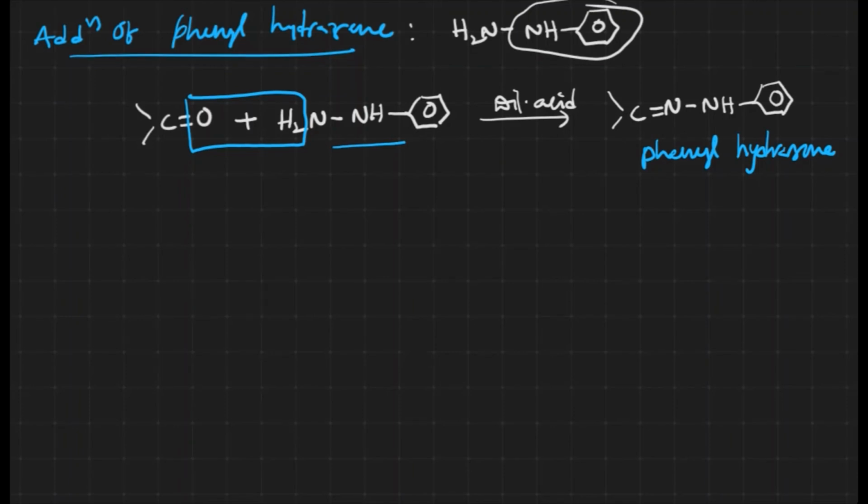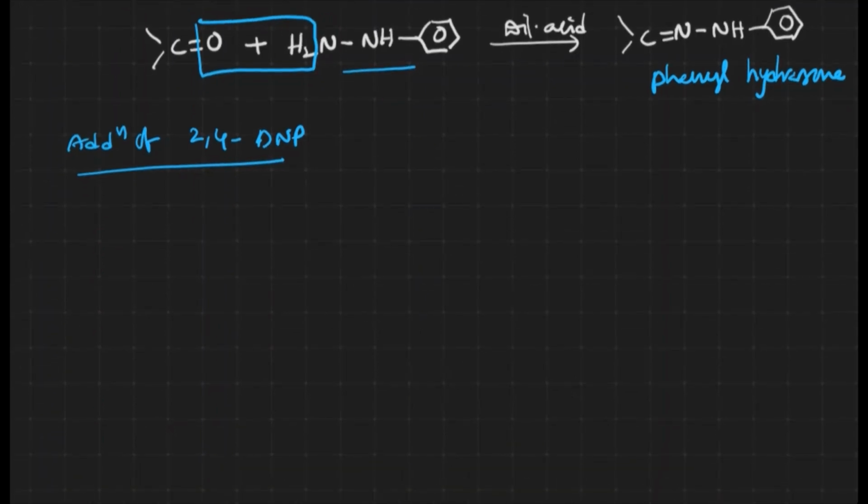Okay. Again, let me take another one. Let me take addition of 2,4-DNP. What is the DNP? It is dinitrophenylhydrazine. Let me take a carbonyl compound over here. What is the carbonyl compound?